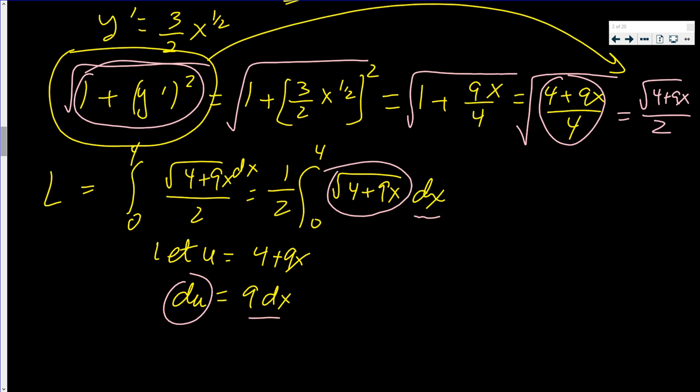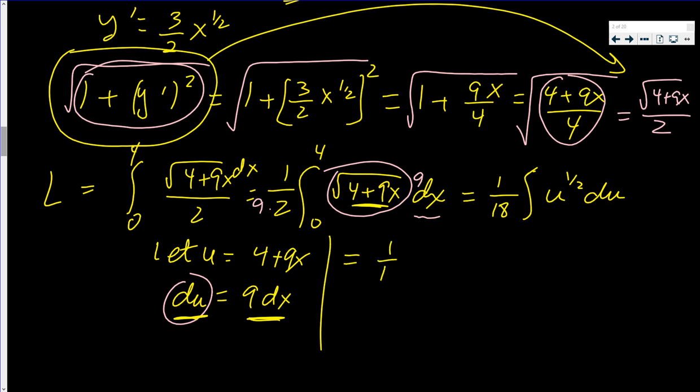So what you can do is put a 9 in the numerator as long as you put a 9 in the denominator. 2 times 9 is 18. So we have the integral of 1 over 18, and then we have the square root of u, and then 9dx. Oh, look at how nice. 9dx is du. So it's a routine integral.